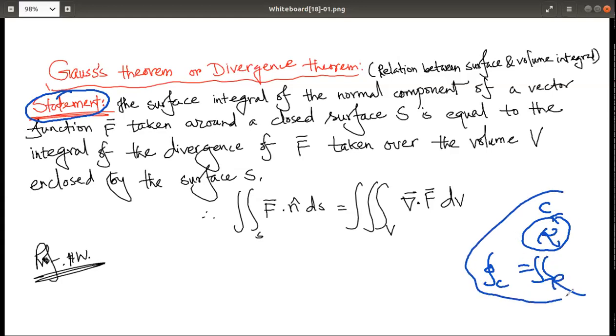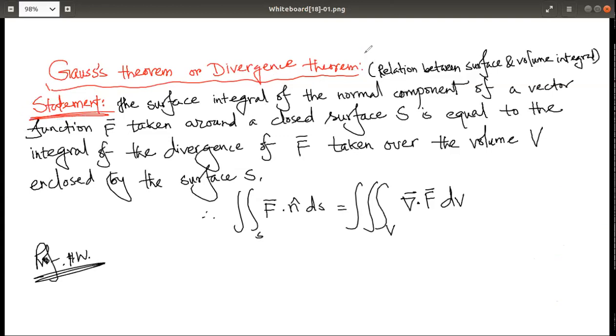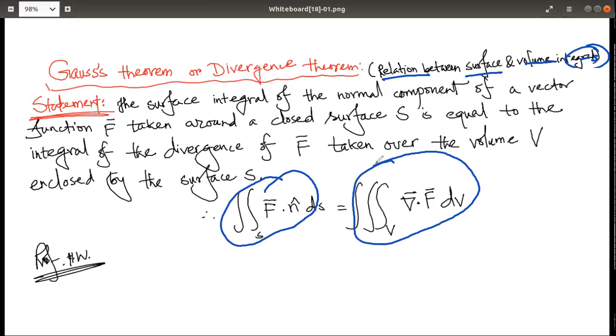This is Green's theorem. In this case, the divergence theorem is also a relation between the surface and volume integrals. The statement is straightforward. You see, this is the surface integration and this is the volume integration.